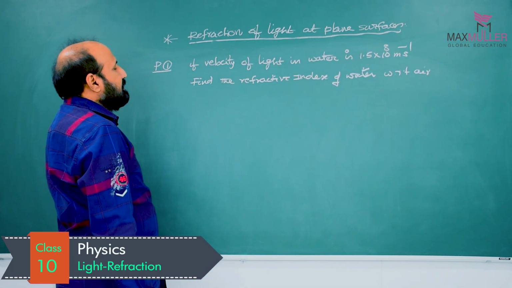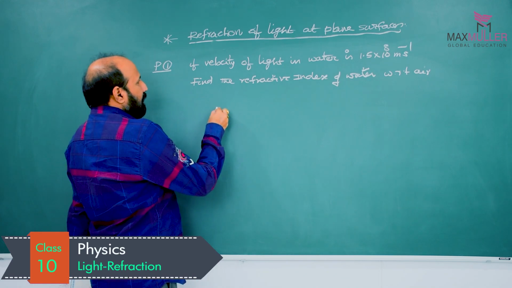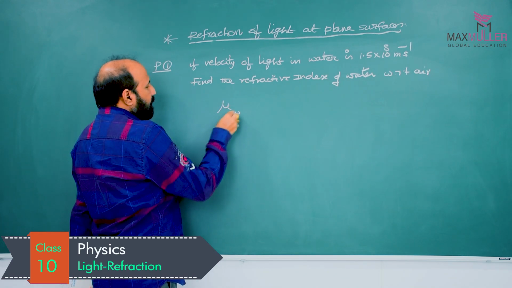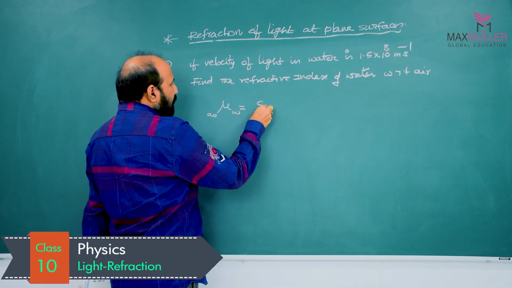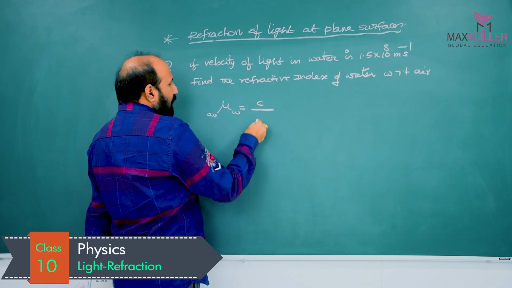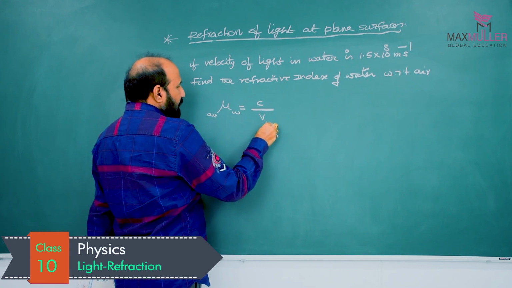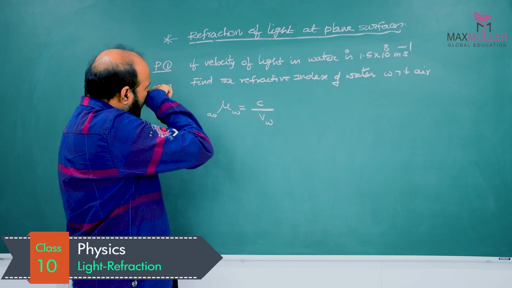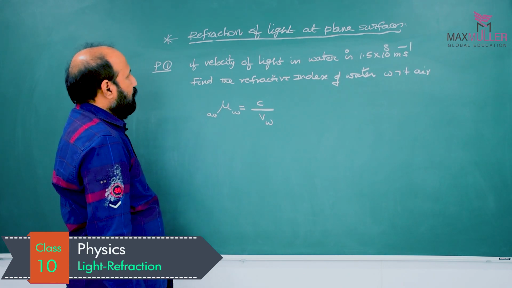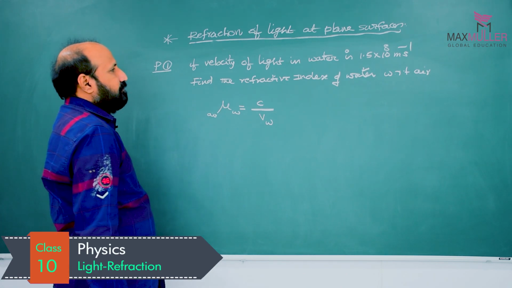Now always, the refractive index of water with respect to air indicates the velocity of light in vacuum divided by the velocity of light in the medium, the water medium. Here we have to find the refractive index of the medium, water medium.